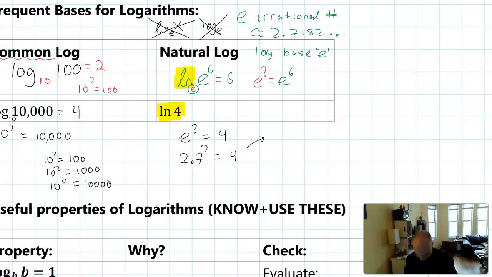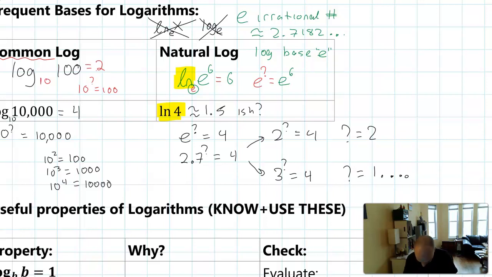Well, let's check 2 to the what equals 4 would be 2, but 3 to the what equals 4, well, that would have to be something only a little bit more than 1, 1 point something. So I bet that e to the what equals 4 is maybe 1.5-ish. And let's actually check that.